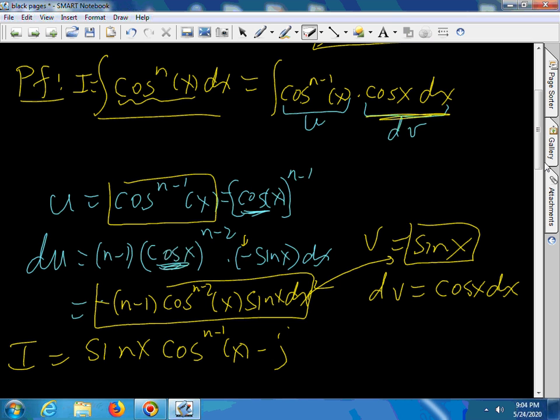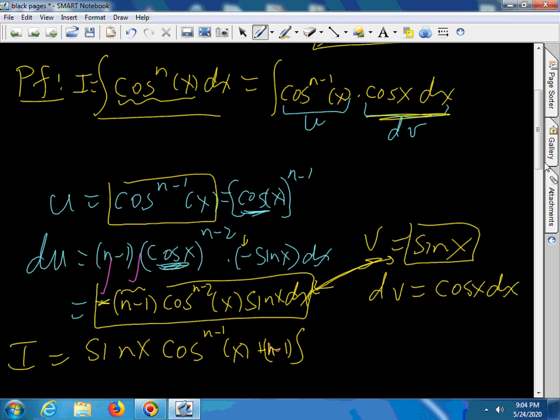I'm going to do two things. One, I'm going to move the integral to the right just a little bit. And then I'm going to say that this product is negative because of that, which is going to make it positive. So I dealt with the negative sign. Then I'm going to write down n minus 1 in front because it's just a constant, and take away 1.